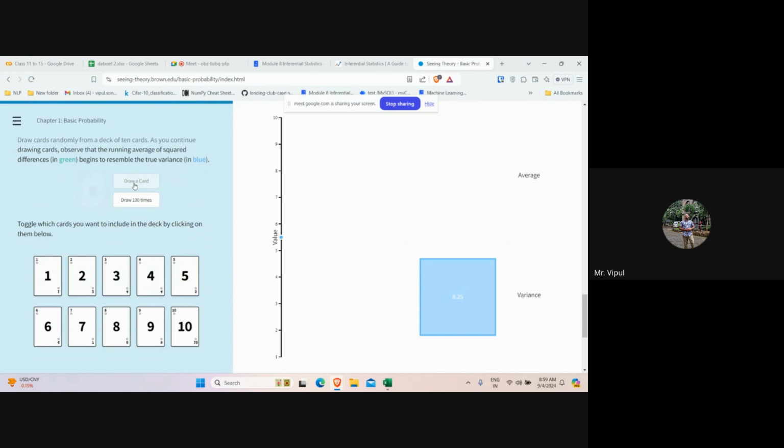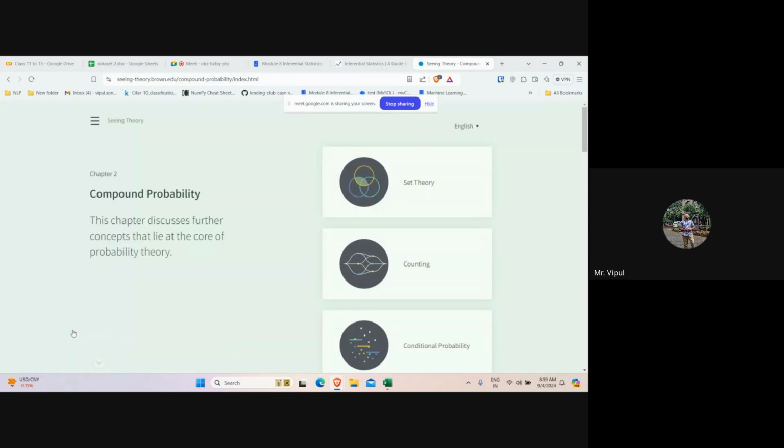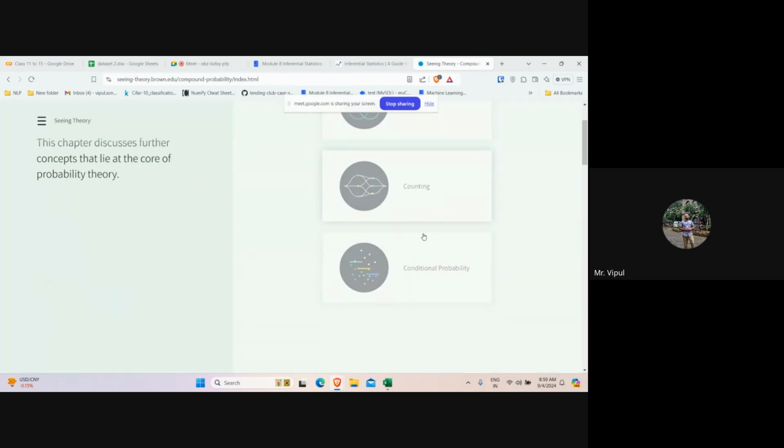So variance also. What is variance? So this is very interesting. You can explore this.